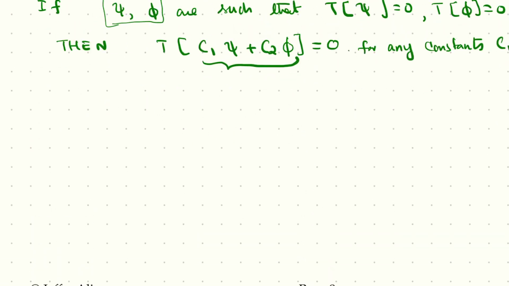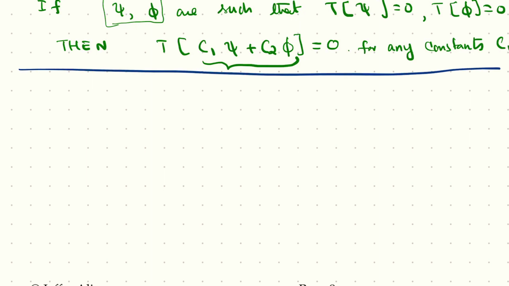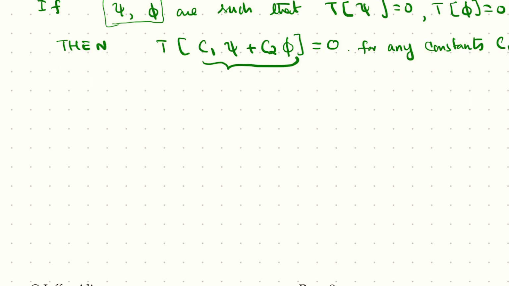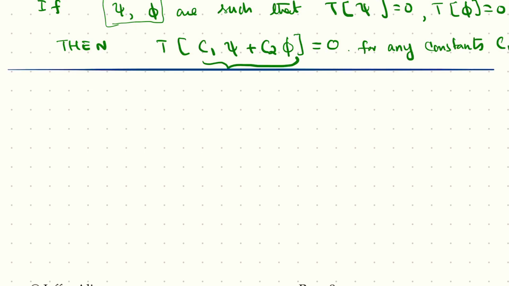And that summary would be that e to the mx would be annihilated by D minus m.